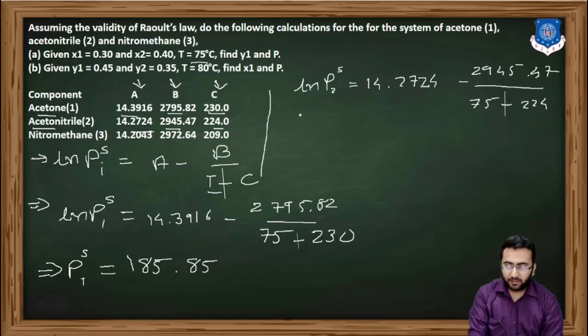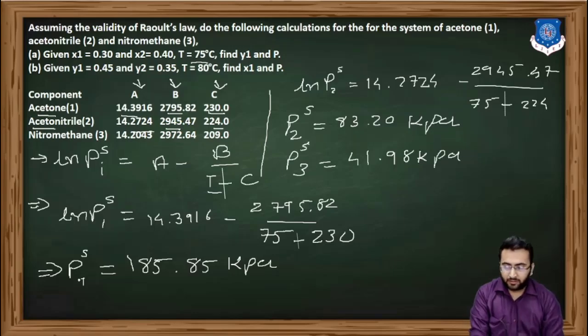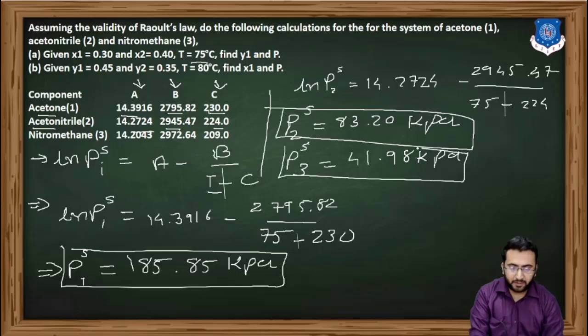By taking antilog on both sides and calculating this whole term, we will get the value of P2S, and that becomes 83.20 kilopascal. P1S is also in kilopascal. Similarly, we can calculate P3S, which is 41.98 kilopascal. So this is our P1, this becomes our P2, and this becomes P3.